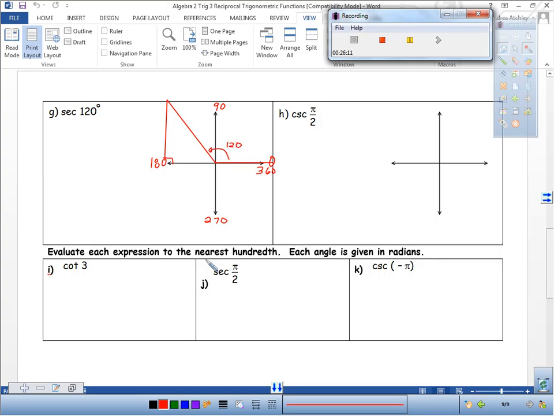Okay, guys, do it. Do the problem. Okay, Eduardo, what is our reference angle? Okay. So we should have 60 degrees there.